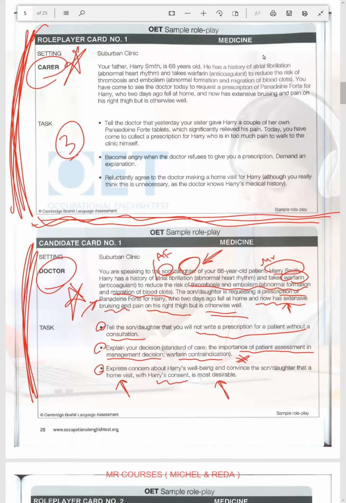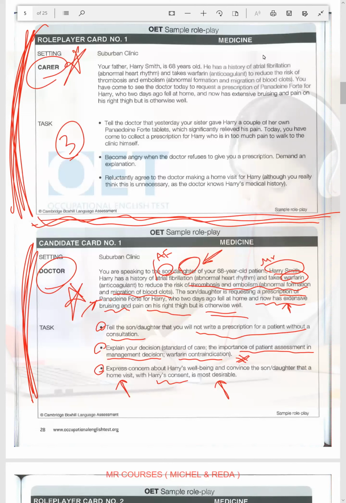Good afternoon. I'm Dr. Rida Harbi, one of the treating doctors for today. How can I address you? Hi, I'm Harry. I'm the son of Harry Smith. Nice to meet you. How can I help you today?